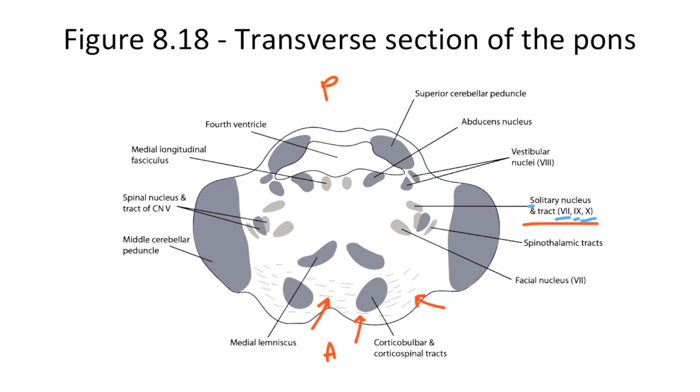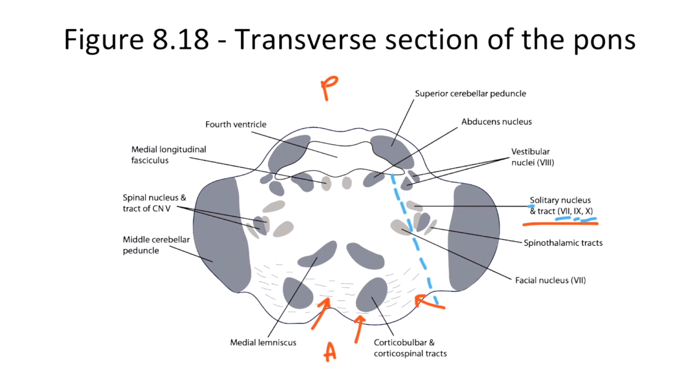Rather than memorizing all of the details of cross-sections of the brain, I find it helpful to use a landmark called the sulcus limitans as a guide to answering many of the cross-sectional questions you'll see. The sulcus limitans, which is approximately right here, is useful because it divides the sensory nuclei from the motor nuclei.